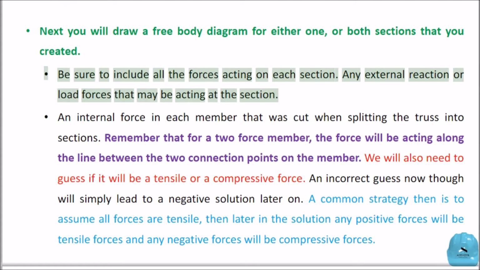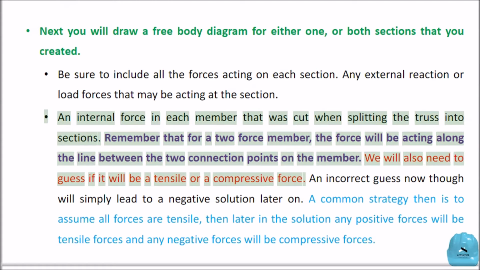Be sure to include all the forces acting on each section: any external reaction or load forces that may be acting at the section, and an internal force in each member that was cut when splitting the truss into sections.